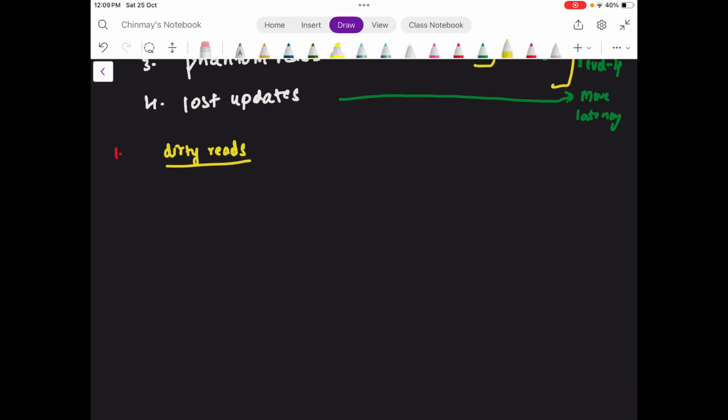Generally, we already discussed what a transaction syntax is. We will begin the transaction, later statements execution, later commit the statements.